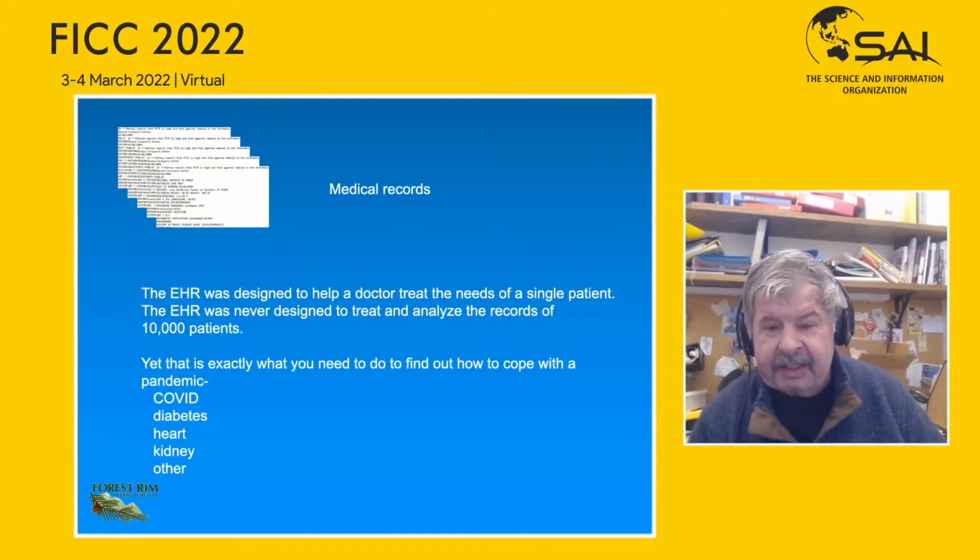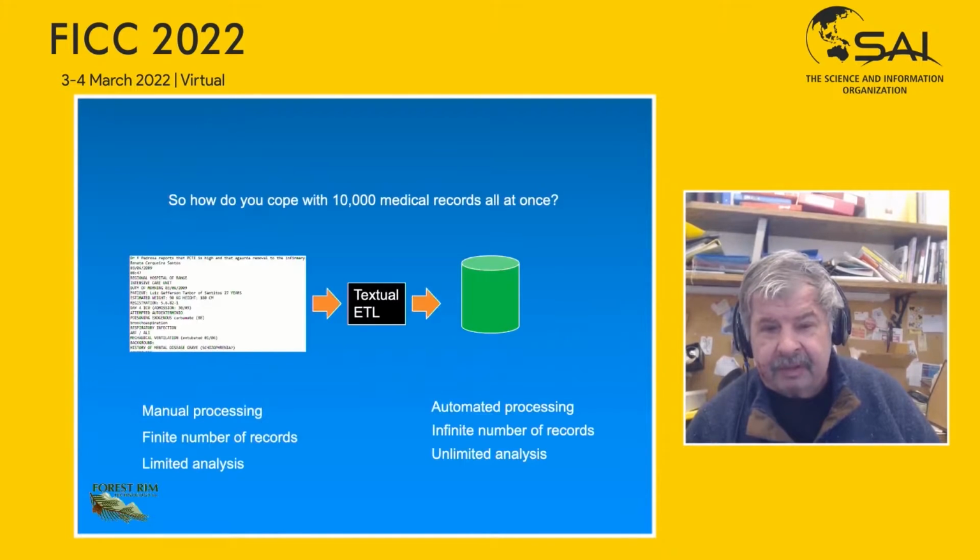And trying to do medical research is entirely different than trying to look at a single medical record and find out what's going on. The medical records, the EHR or EMR as we call them today, were never designed for medical research.